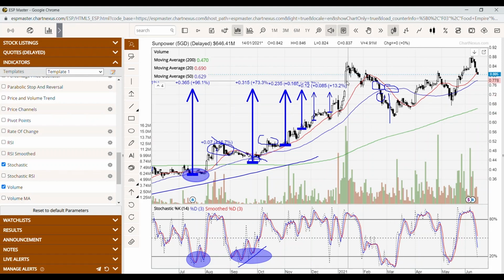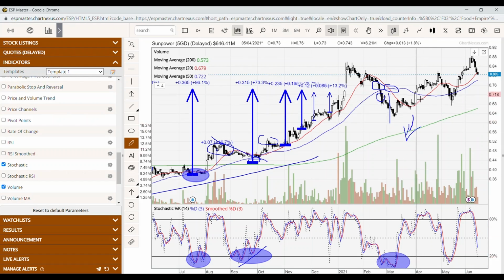Overbought. If you are willing to use some of your profit to take the risk, that's when you can continue to hold or add on over here. Overbought area. Overbought, crossover, since it's above 200 MA anyway. Okay, 200 MA.